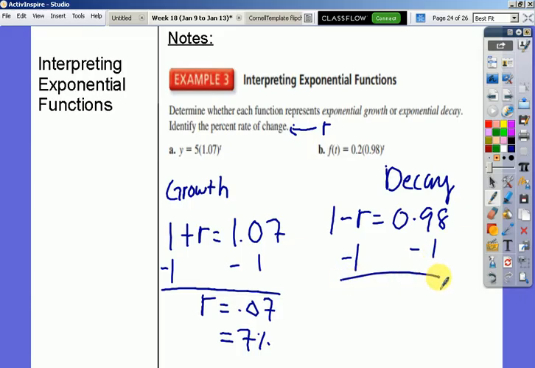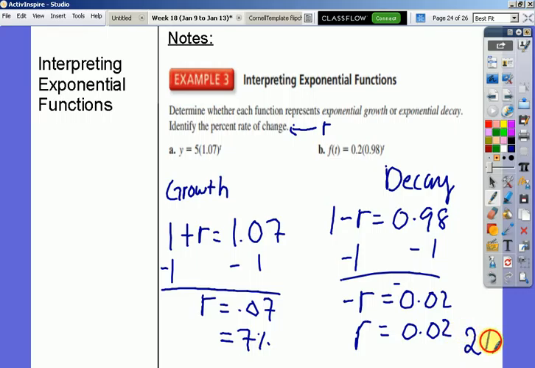If I subtract 1 on both sides, I get negative R equals 0.02, and that's also negative, so R equals 0.02. So what's my percent rate of change here? 2%. So given my growth factor, can I find my rate? That's what you're trying to ask yourself.